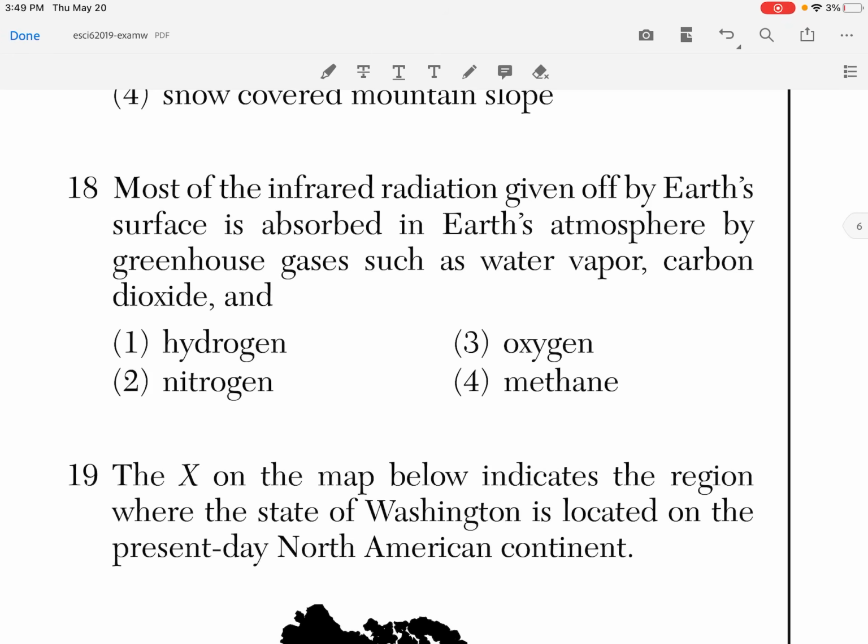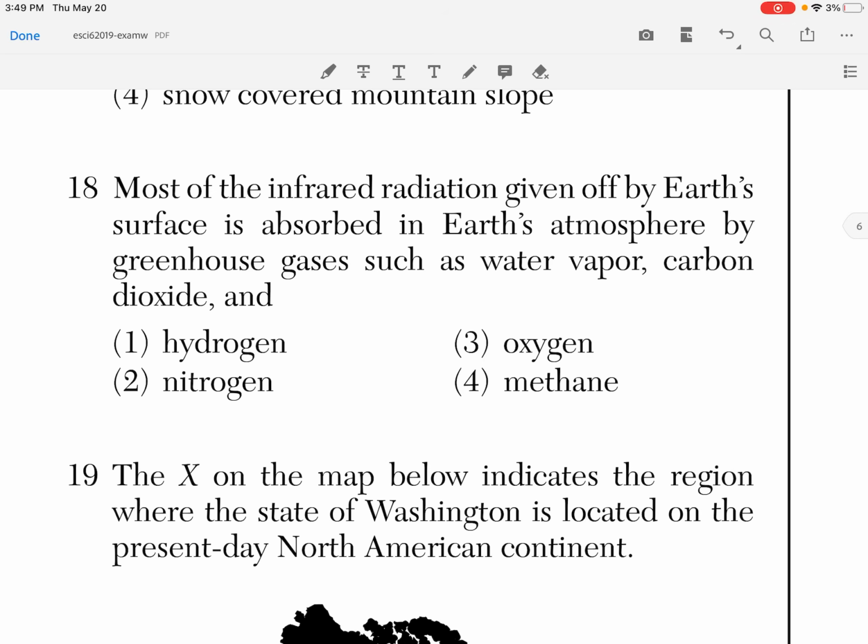All right, number 18 is all about absorbing infrared radiation. And this is one of those questions that's kind of disguised as a weird question, but it's basically asking you what's a greenhouse gas other than carbon dioxide and water vapor. And this question, I think I told you about this, you need to know more than one greenhouse gas. And in this case, you really need to know 3.